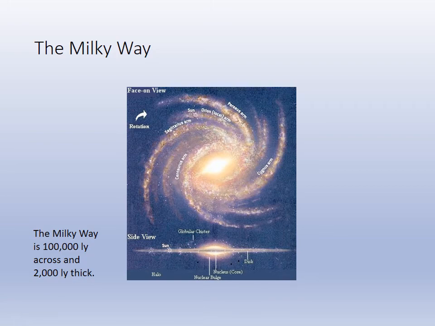But you can see our sun up in the Orion arm, and we are a semi-barred spiral, because the center's barred. We're 100,000 light years in diameter and 2,000 light years thick.